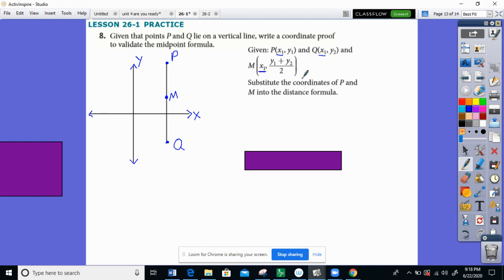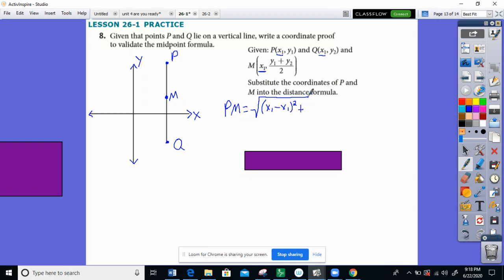So the first thing that they want us to do is substitute the coordinates of P and M into the distance formula. Well, when we do that, we're going to get, let's see, x2 minus x1. But x2 and x1 are actually the same, so that'll be interesting.